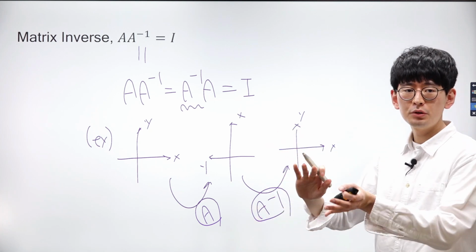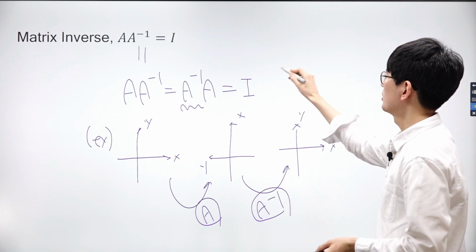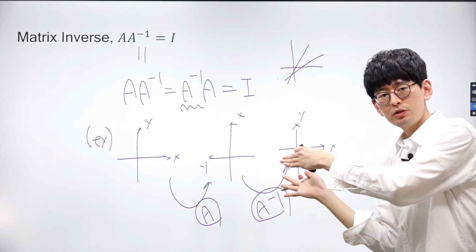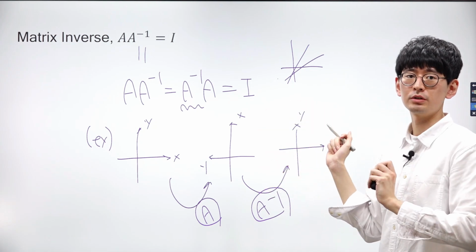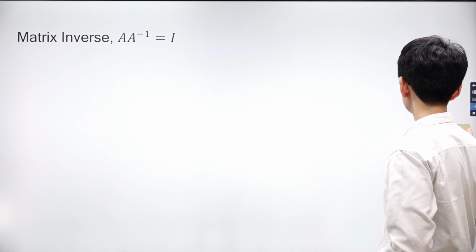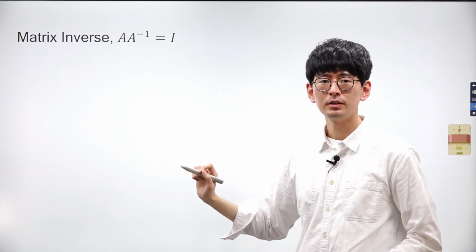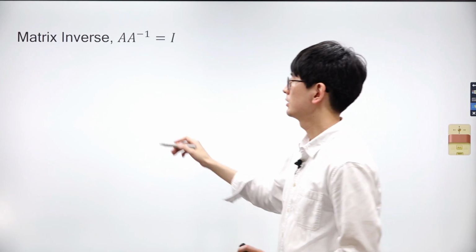For every rotation matrix, there exists an inverse matrix that rotates in the opposite direction by the same angle. Similarly, matrices that shrink the space also have an inverse matrix, as the space can be restored to its original state by scaling the size of its coordinates.